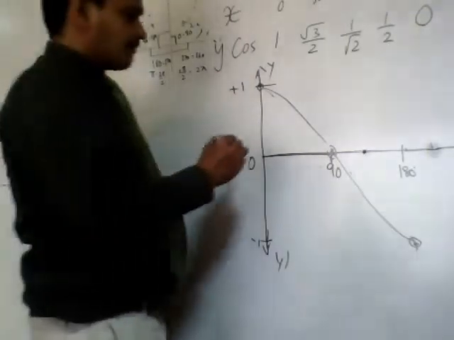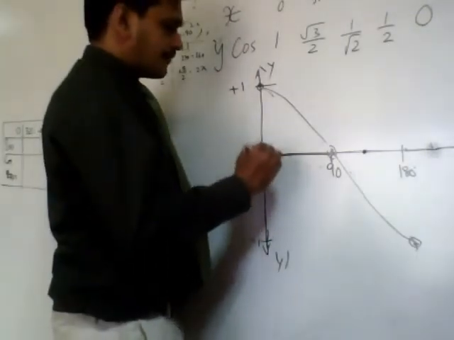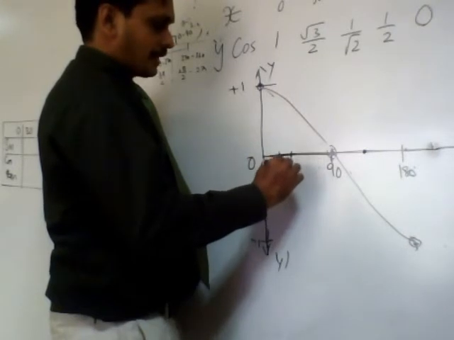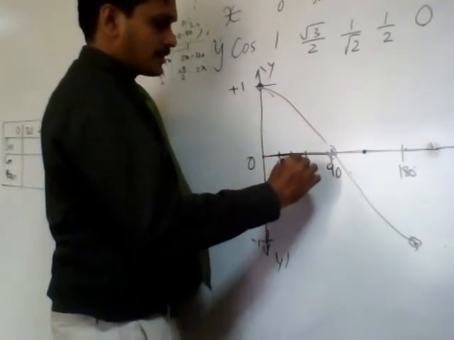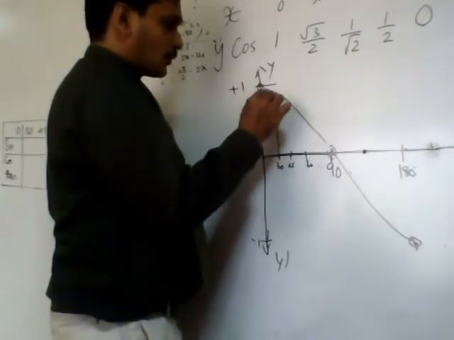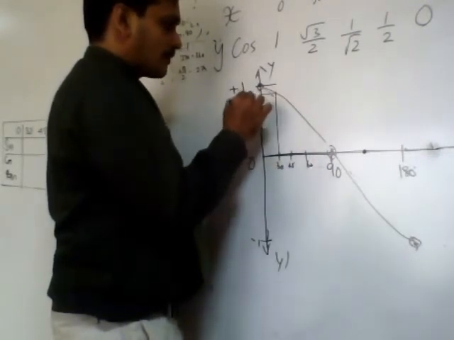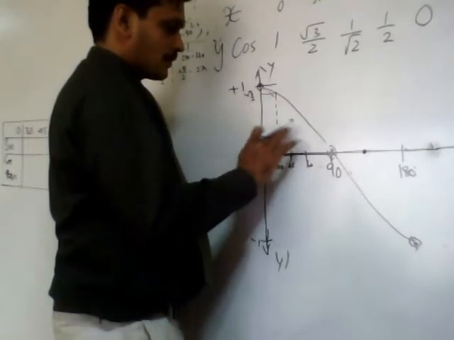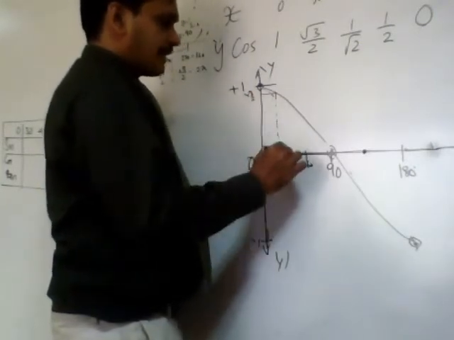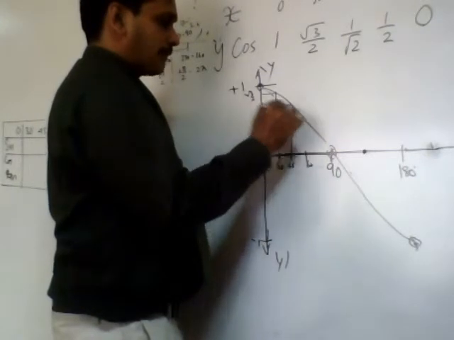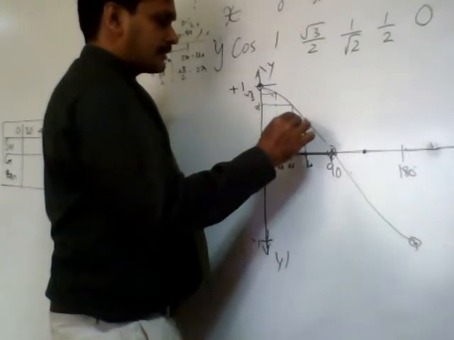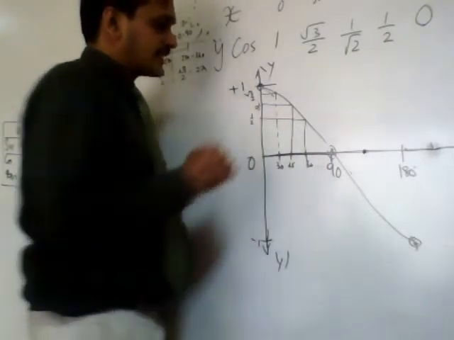So if you see 30, 45, 60 and 90: 30 is root 3 by 2, 45 is 1 by root 2, and 60 is half. You can see that evidently.